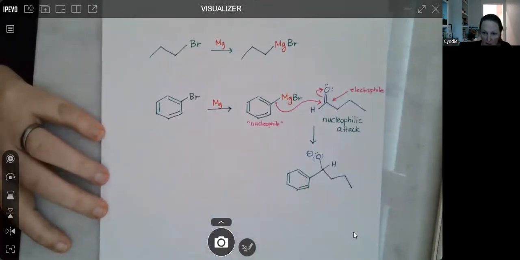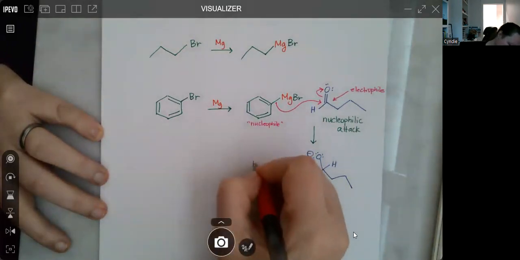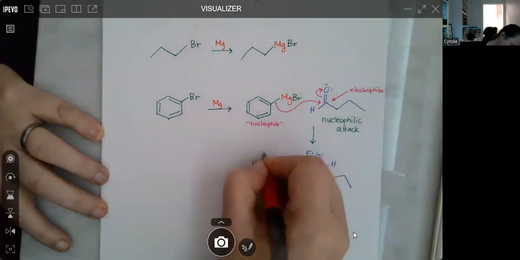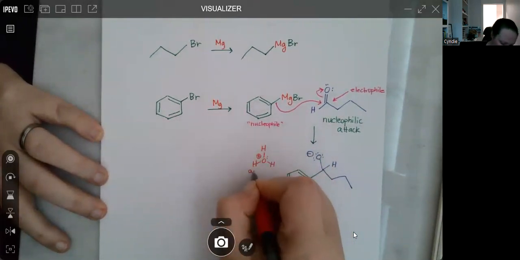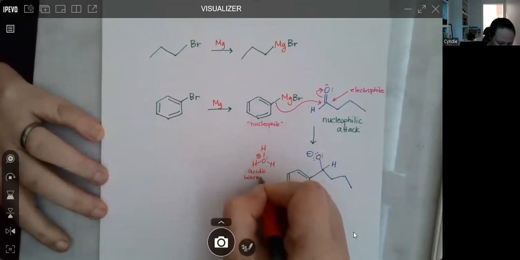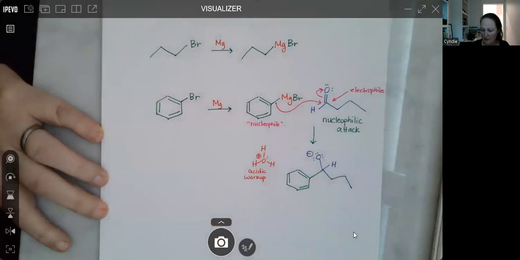So now we have formed our new carbon-carbon bond. And then we just need to show the acidic workup. At the very end, you would add water or dilute acid. This is the quote second step, which is the acidic workup.